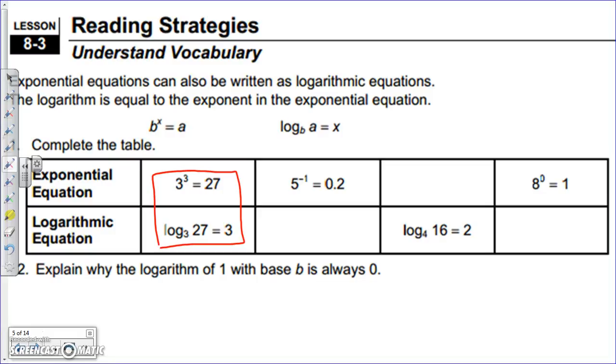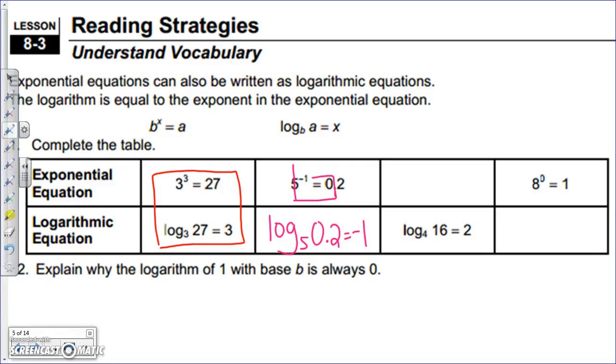So I have an exponential. I want the log, so I'm going to make the L. All right? So we need logs. I need log base 5 of 0.2 is going to be equal to negative 1. See how that happened? I made my L.